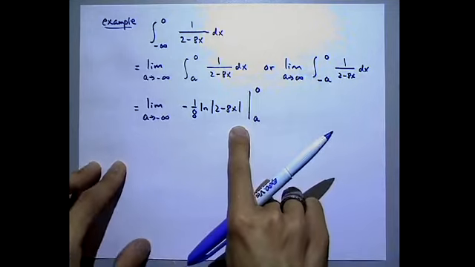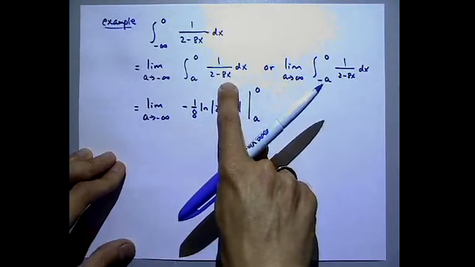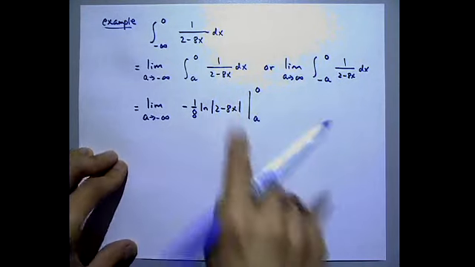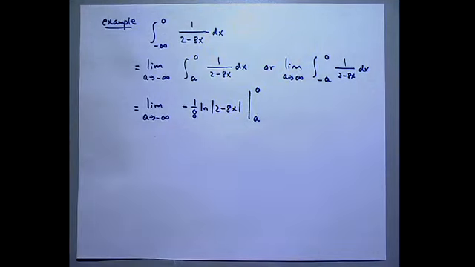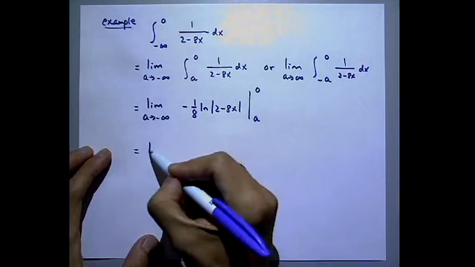All right, so you get this by making a substitution, letting u be 2 minus 8x. And the minus 1 over 8 shows up in du. Okay, then we keep going.